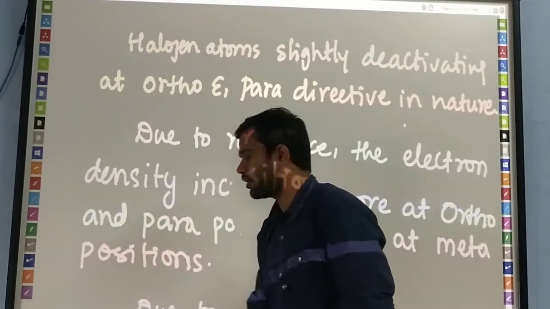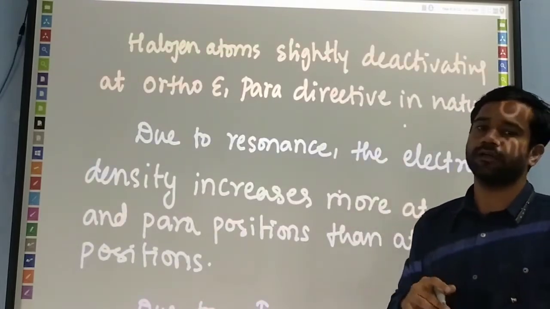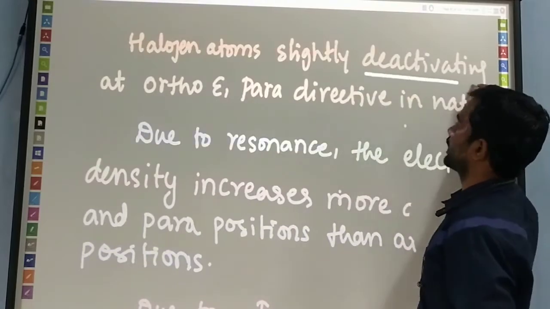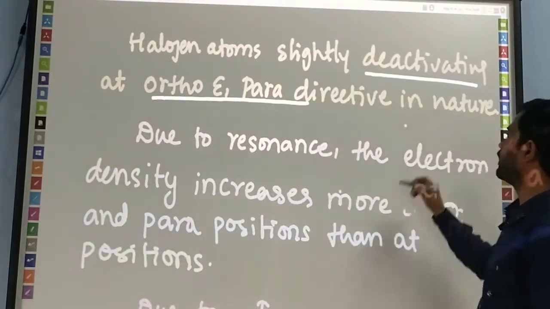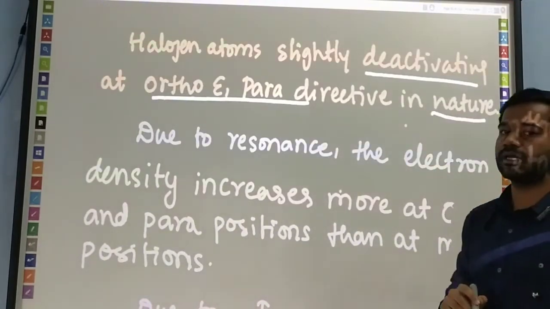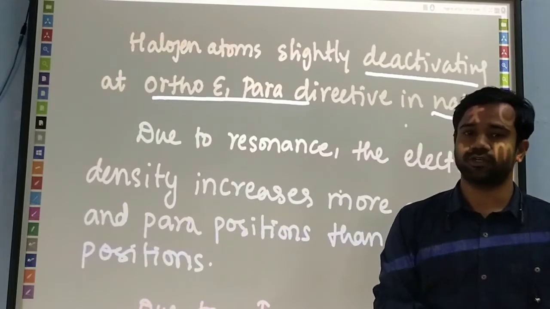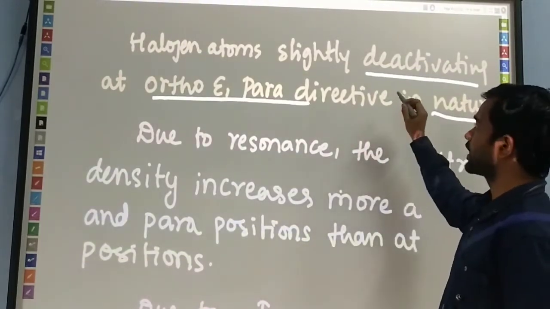Let us discuss the basic property of the halogens before coming to benzene. Halogen atoms are slightly deactivating, and ortho and para directing in nature. Try to remember that halogens are highly electronegative in nature. On the benzene ring, they deactivate.